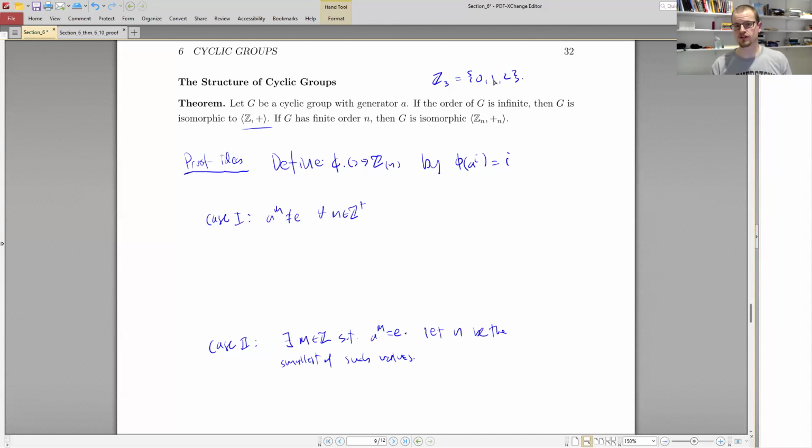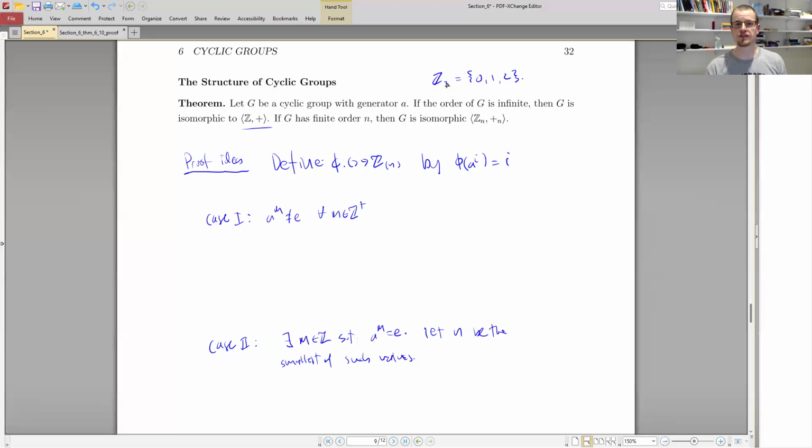Expressing it as exponents while also talking about addition is a little bit weird. We're using multiplication for the implied operation within G, whereas we're using addition here in Z. So again, just carefully think through what group we're in for the appropriate notation.